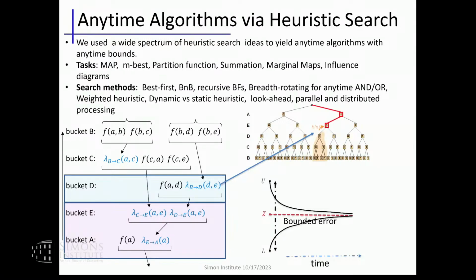The type of search: best first, depth first, and recursive search. And I will point to some of these methods in the next slide. But this is a very valuable resource that we simply took and imported to our domain.